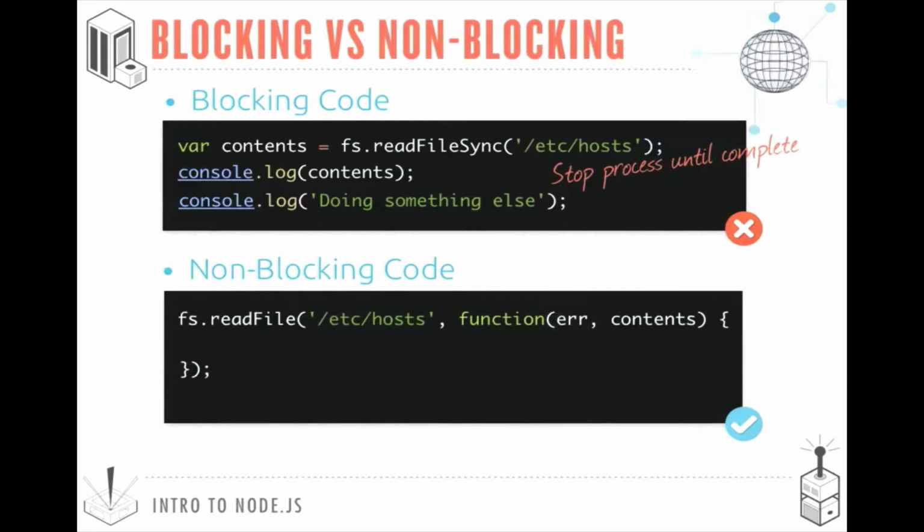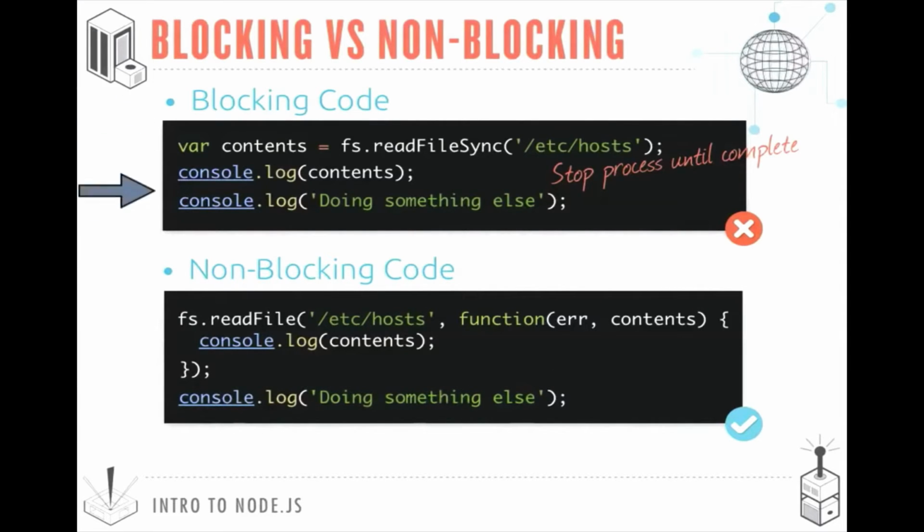We're actually sending in a function as the second parameter to read file. That's our callback. And when we get the contents, log the contents, and then we can say doing something else. So when we execute this, it's going to start reading the file. It's then going to continue execution, and when it's done reading the file, it's going to print out the contents at some point in the future.